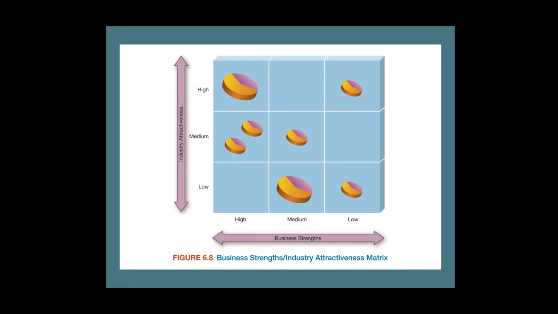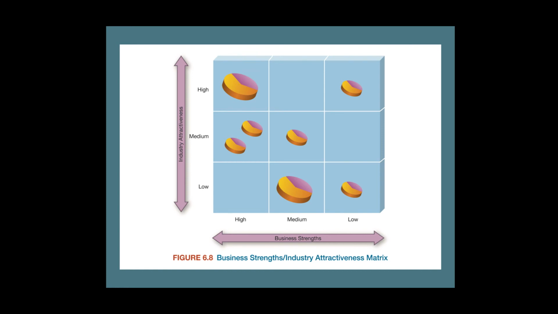And so essentially what they've done is taken the same principle as the BCG matrix, and instead of only market share, business strengths includes all sorts of factors to consider, including market share, including the innovation of products, including is the market share declining or not, and what is the real health of that market.